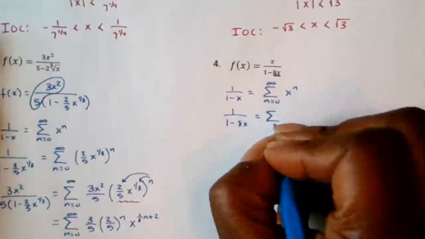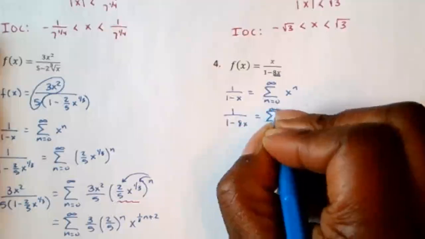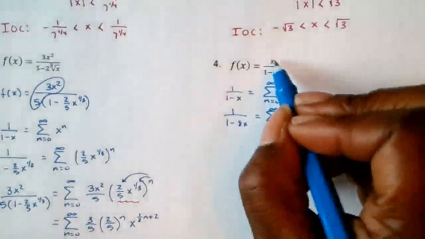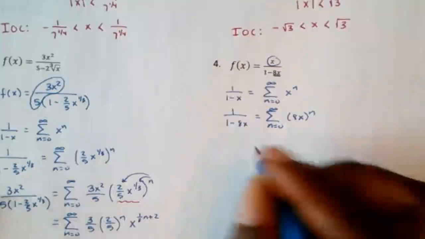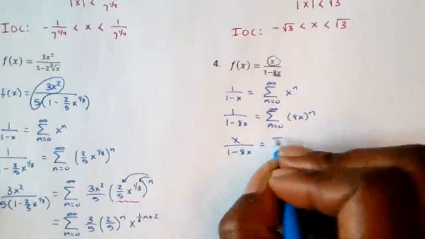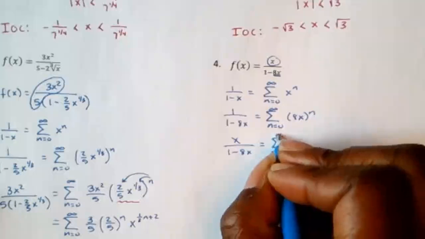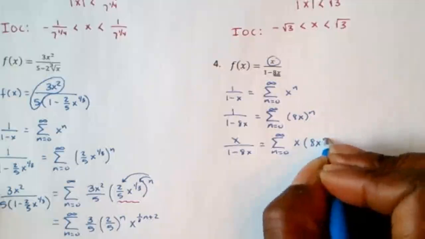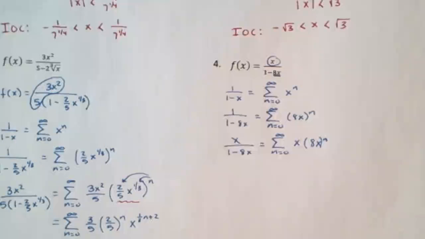And that tells me everywhere I see an x, I'm going to put an 8x. So I have 8x to the n. And then on top, I multiply that by x. So I have x over 1 minus 8x equals the sum n equals 0 to infinity of x times 8x to the n. Now again, I need to write that in my power series form.